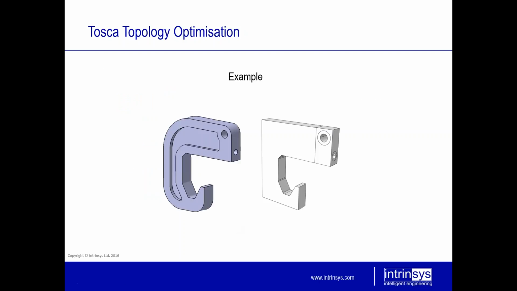So this example will be about a topology optimization. I have on the left a part which I would like to optimize to reduce the weight, and on the right I have another part which is the same part, but where I designed all the space available around the original shape.